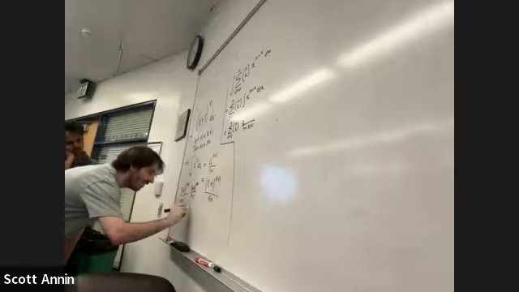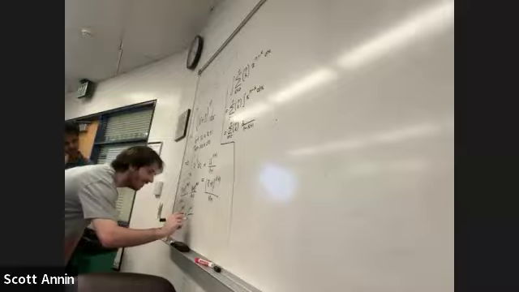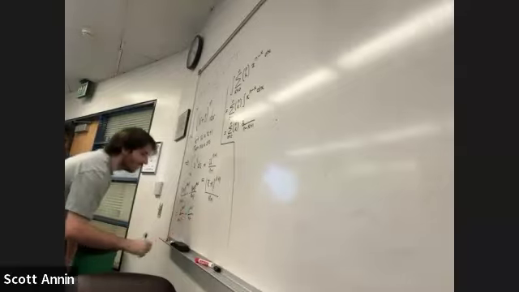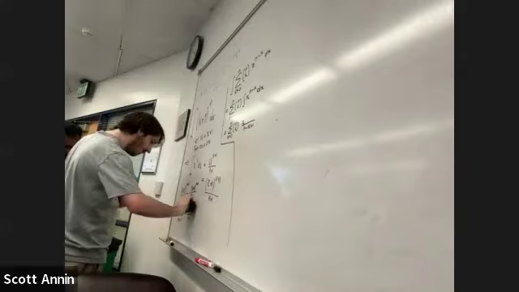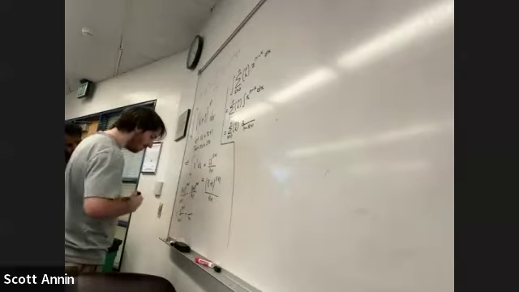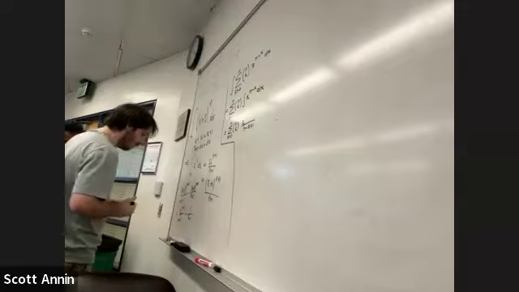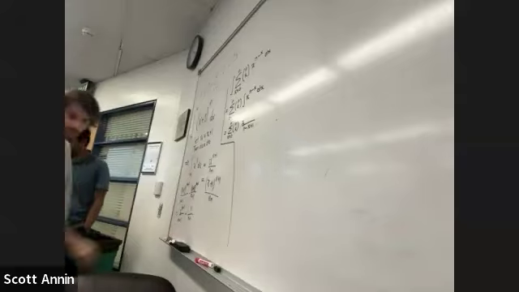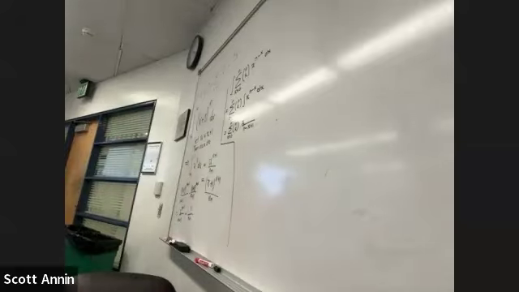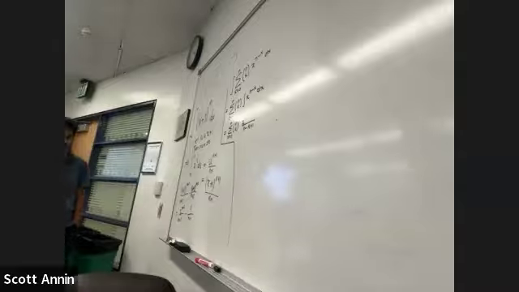If you're integrating from 0 to 1, you have to do the same thing on the left. Yeah, it's the right side. Common denominator. The 0 is actually on the rail.